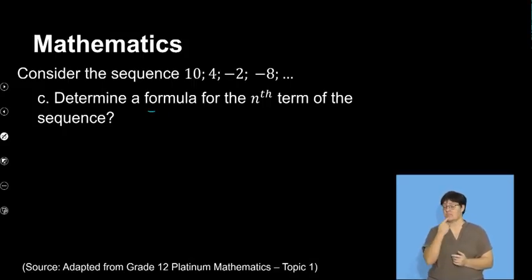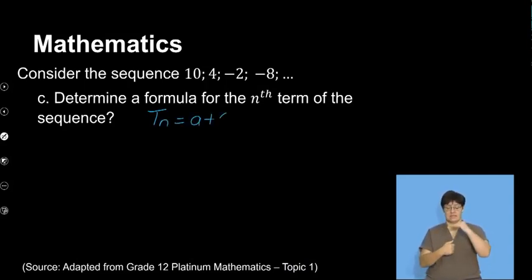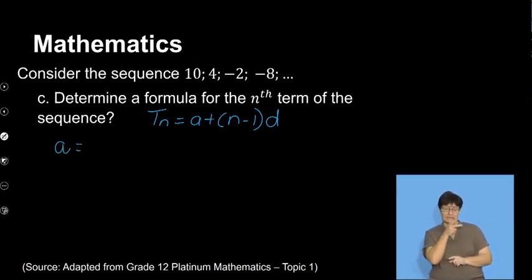So we said that Tn is equal to a plus (n minus 1) d. What is a? I'm hoping that everyone will agree with me that a is equal to 10. Why is a 10? We know that a is the first term.